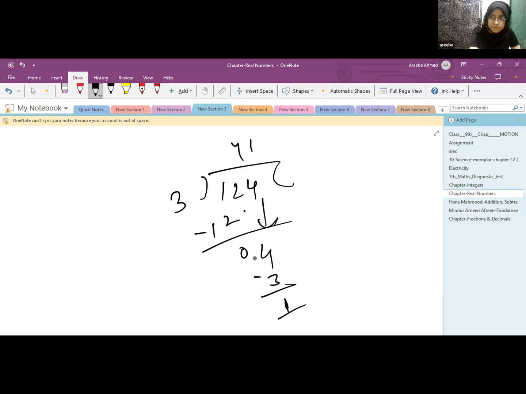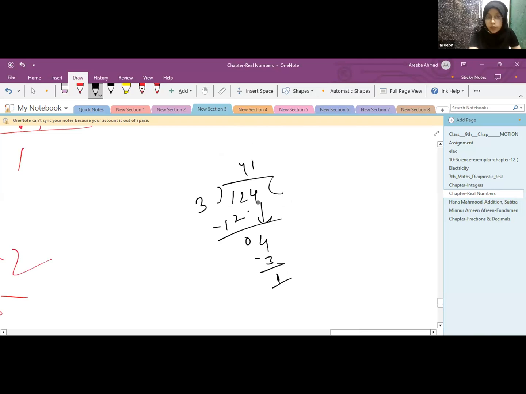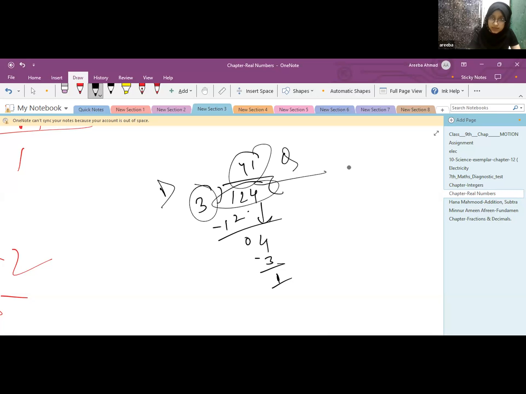So now what is the divisor? This one is the dividend. Remember I told you the trick. The one who cuts is the cutter. The one who divides is the divisor. And this one is the quotient, and this one is the remainder.